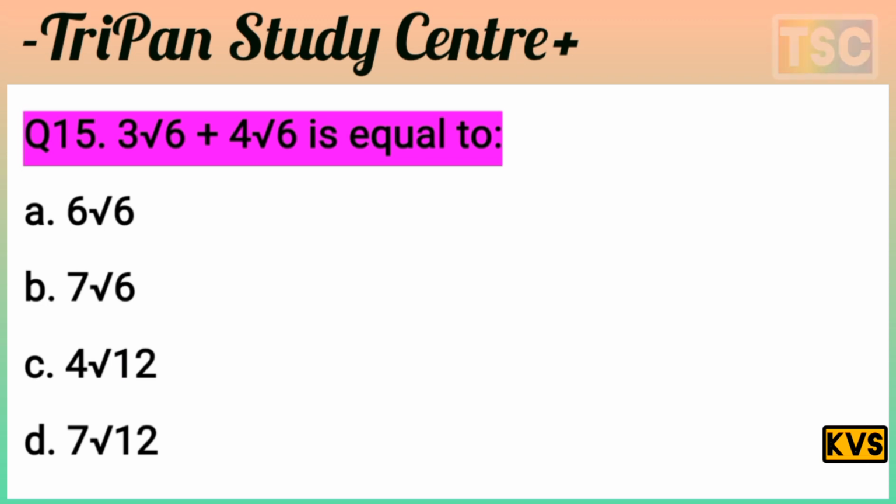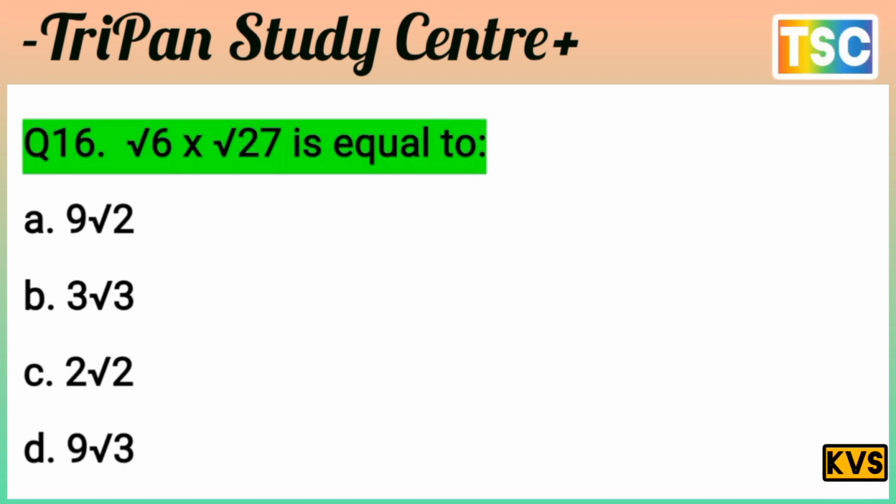Let's see the next question: under root 6 into under root 27 is equal to? The question is clear. It is a multiplication.